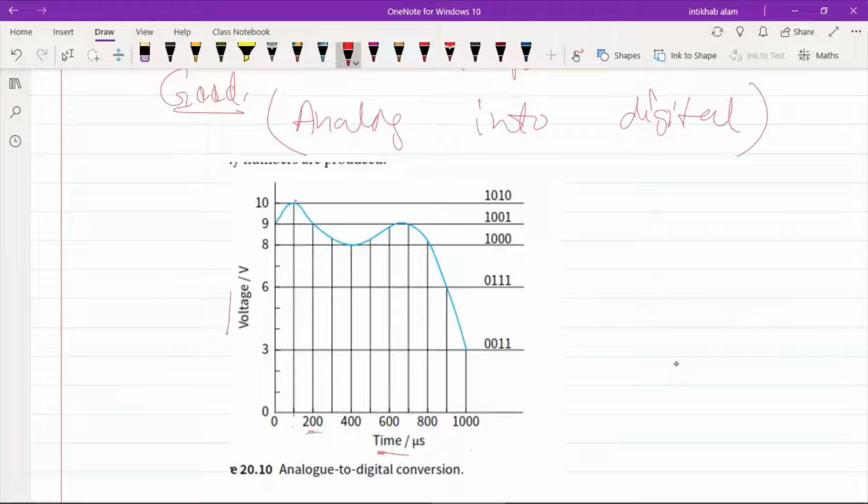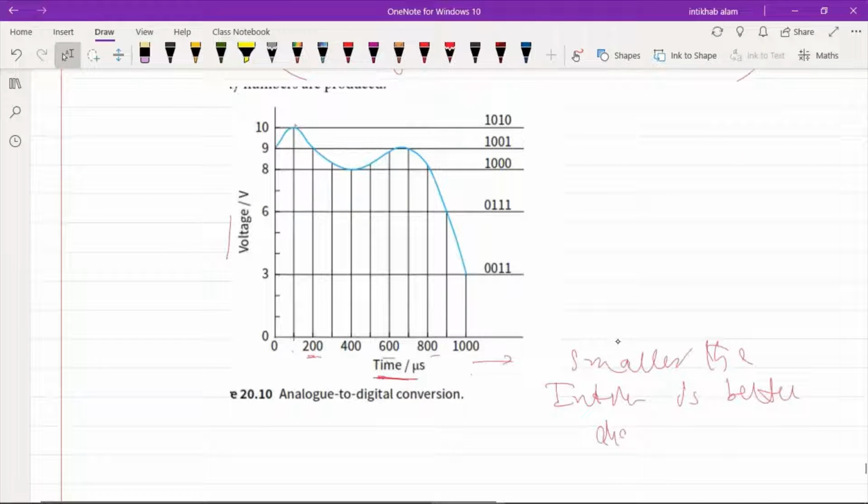These intervals are important for us. Where we want to take the readings, that is really important for us. Where we take the readings is called the time interval, and the smaller the interval is, the better digital we get.